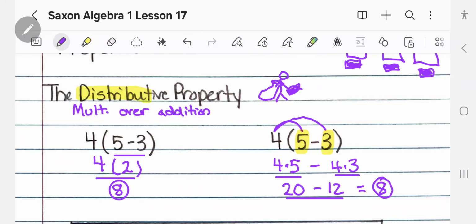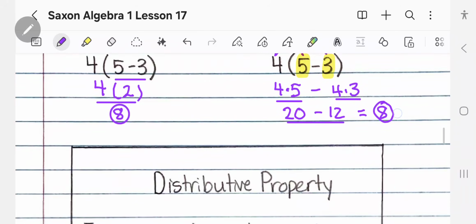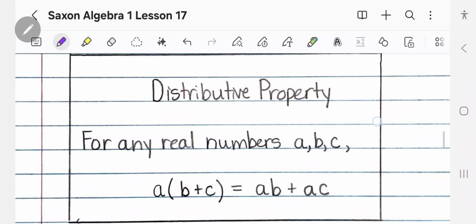Now, you can't do addition over multiplication. Our number system doesn't work that way. But it does work for multiplication over addition, and since you can rewrite a subtraction as an addition, it works for subtraction as well.